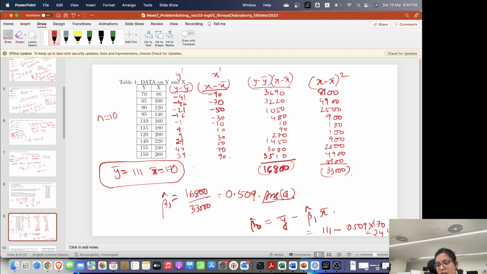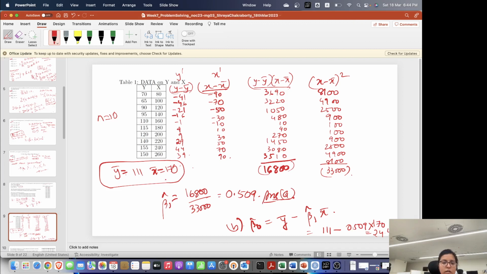It's actually 47 if we use these values. Okay, 24.47. So this is the answer to part B.